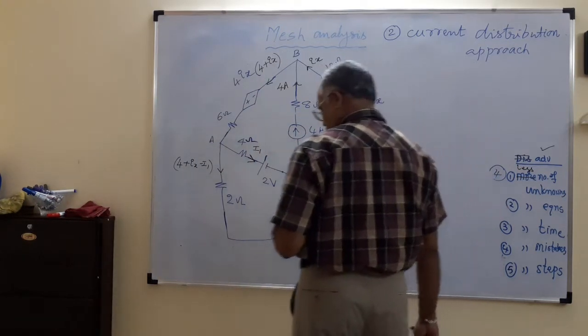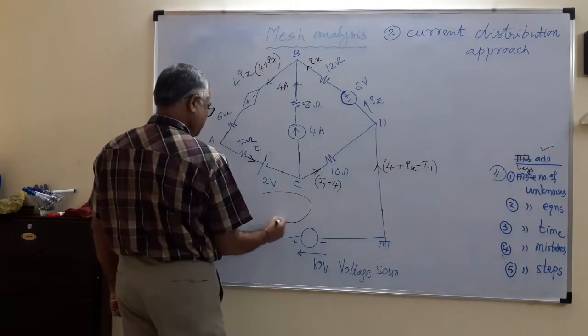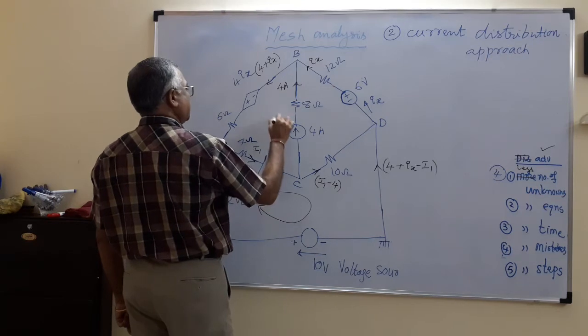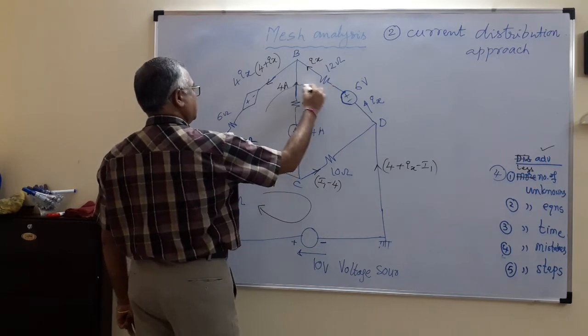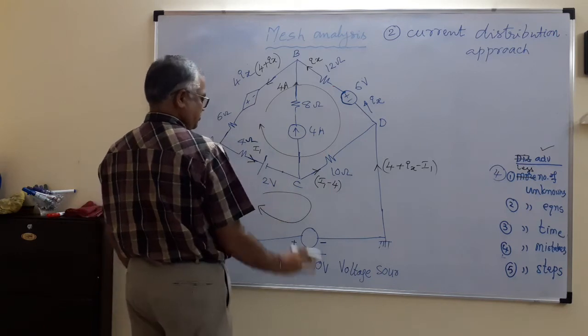So two unknowns, two equations. How to write those two equations? One is in this loop. Second, this is not possible, this is not possible. The outer one, super mesh, and the normal mesh.